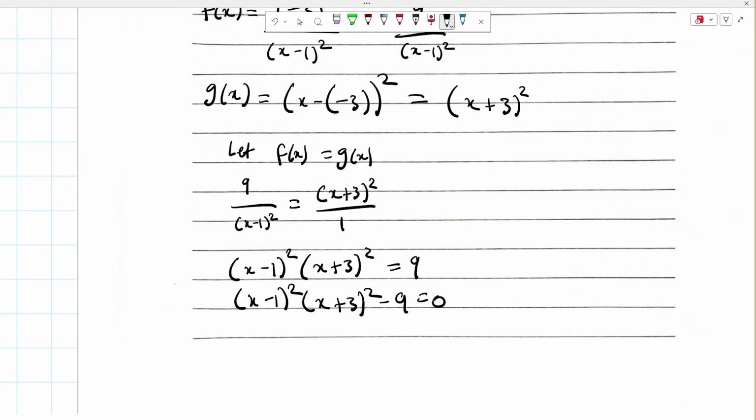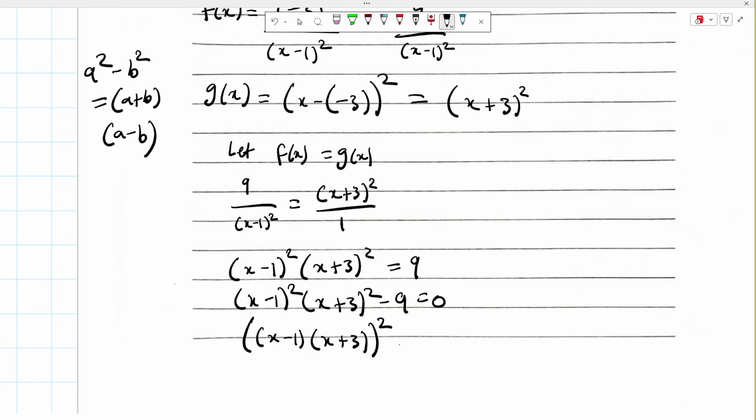And now we have to be really, really tricky, right? We have to apply difference of squares. So remember, a squared minus b squared is the same as a plus b times a minus b. So how would we apply that? Well, (x minus 1) squared times (x plus 3) squared is the same as (x minus 1) times (x plus 3), squared the whole thing, and then 9 is the same as just 3 squared.